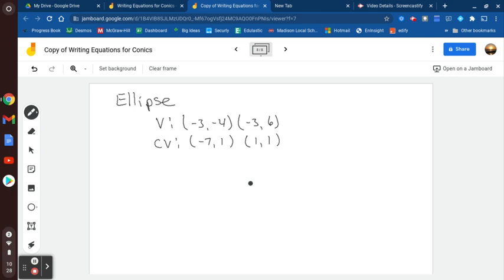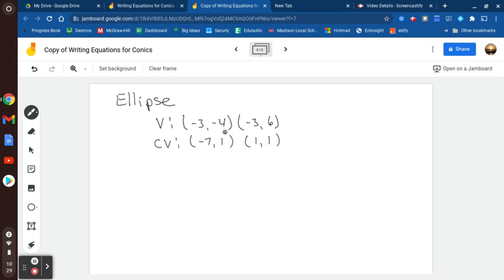Okay. So the first thing I like to find is the center. Some of you are going to look at that and know what the center is. Great, write it down. Some of us, that kind of blows our mind. We're not as visual that way. That's okay. The center is the midpoint of any two pairs they give us, whether it's vertices, co-vertices, or foci.